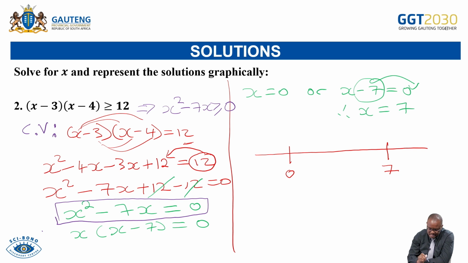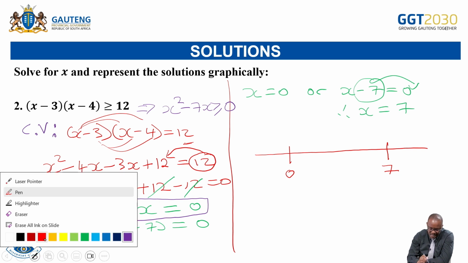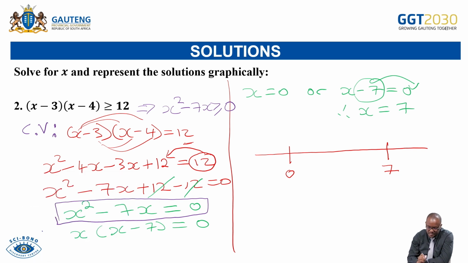Since that is the case, we take x and put it in the middle. Looking at this one, our leading coefficient is positive. If it's positive, then the inequality sign is the sign that you use there. That's how you solve this type of question.